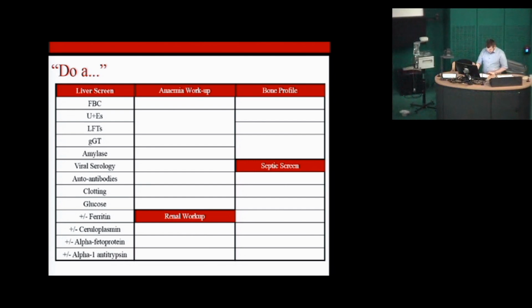So anemia. FBC, blood film, good. The hematinics, what forms the hematinics? Ferritin, folate, B12, I heard total iron binding capacity there as well. Yeah, good. One I mentioned last week that people don't often think about: Coombs.